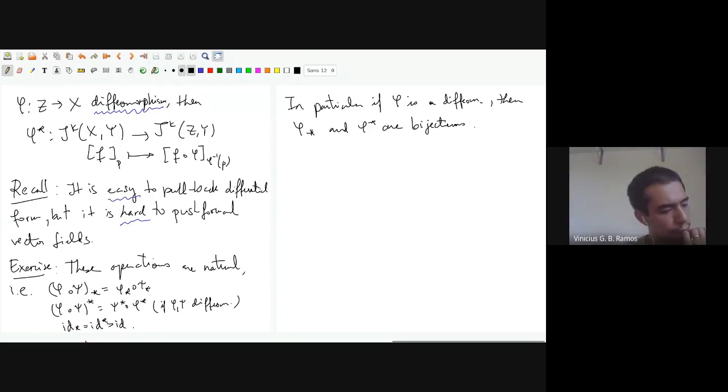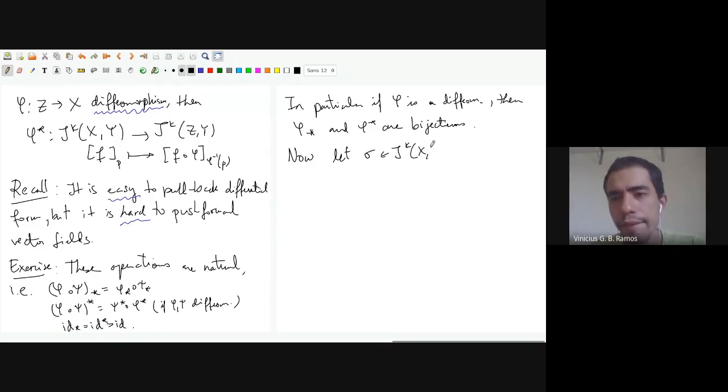So now let sigma be a jet, and we're going to define a chart near sigma. And actually, this is going to define the topology too, because I defined this jet space as being the disjoint union of spaces, but it's a disjoint union only as a set.